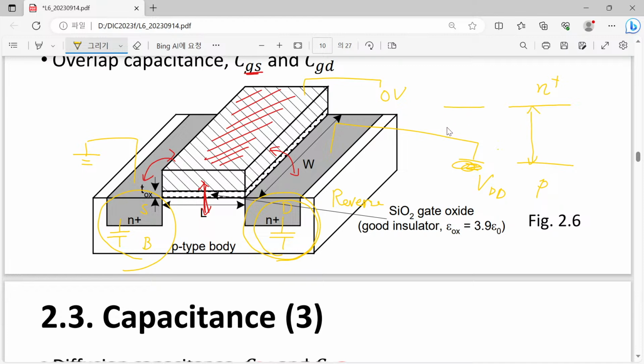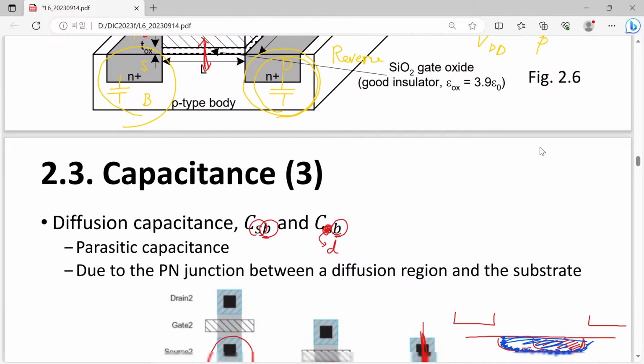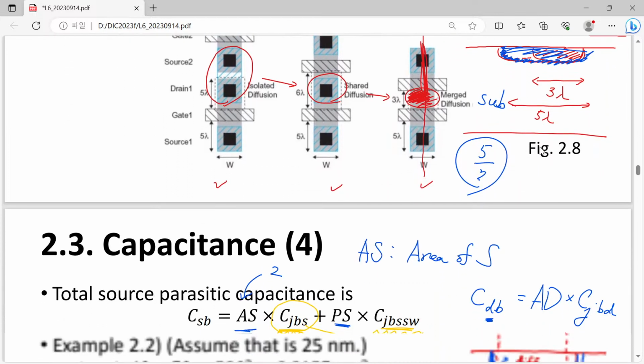So at equilibrium or 0 volt, you have this distance, and when you have a reverse biased junction, then you will have a thicker depletion region. Then please consider what will happen to your capacitance.